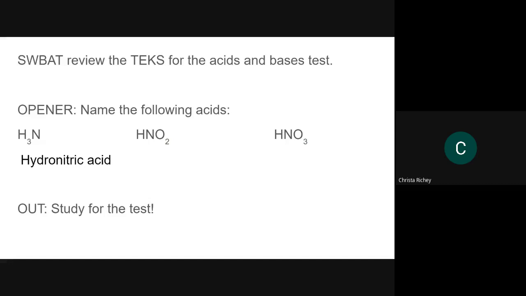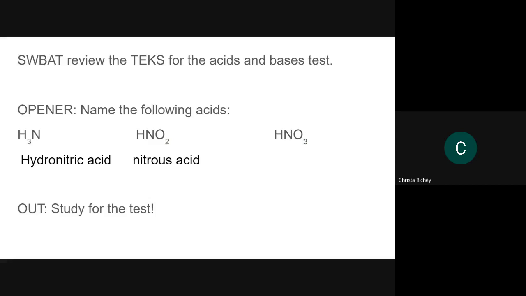So which is nitrite and which is nitrate? Yeah, the one that has more oxygens, in this case, is nitrate. That means that this is nitrite. And what does ite change to? It changes to ous. So this is nitrous acid, because I've heard it pronounced both ways. And the ate becomes ic.